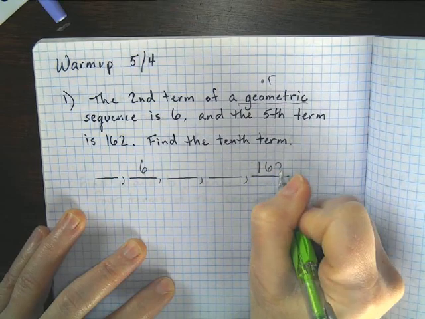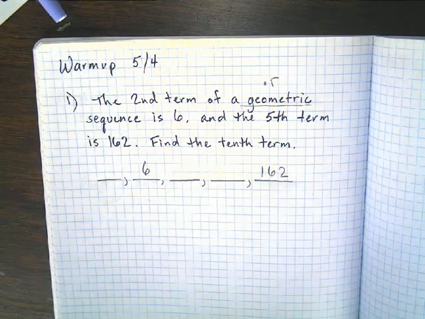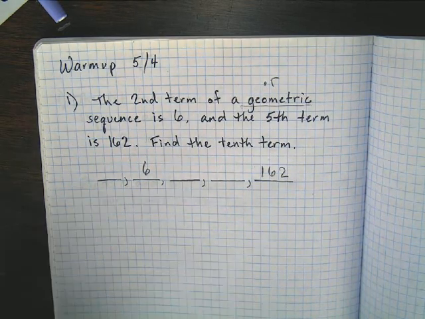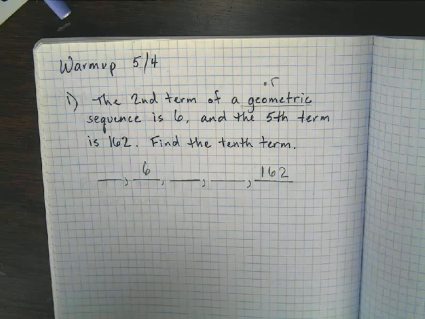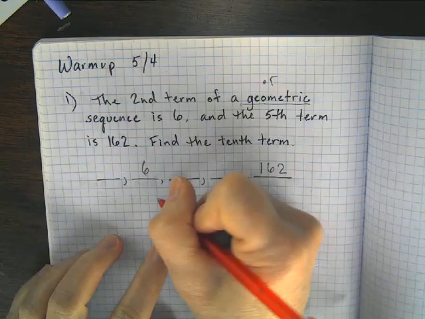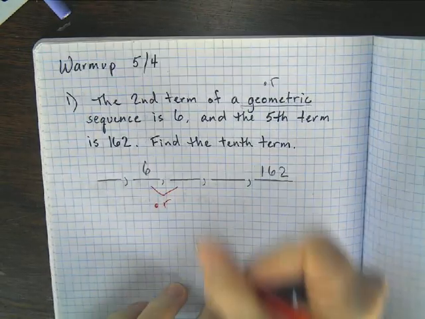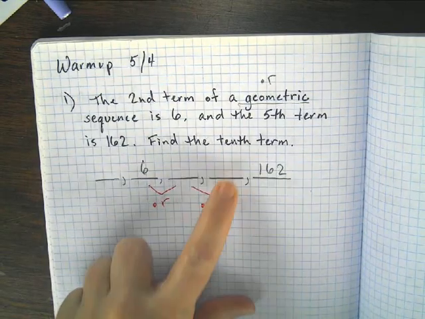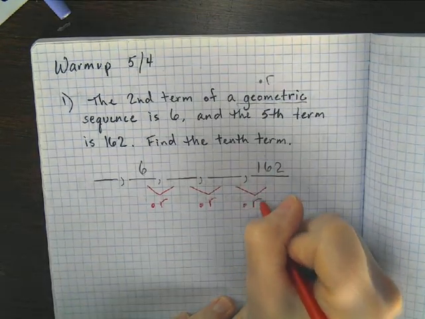So the way I like to do this is I don't even like using the formula for this. I just like thinking about what does it mean to be a geometric sequence. So you can do it however you want, but this is how I do it. I know that if I multiply 6 times some number, I'm going to get this term, and then if I take that term and I multiply it by r, again, I'm going to get this term, and if I multiply by r again, I'm going to get this term.